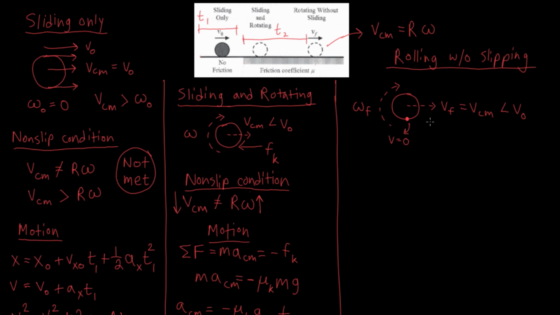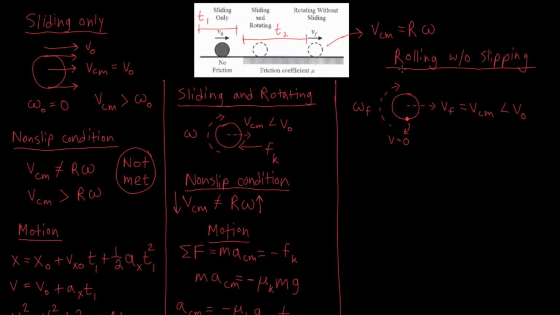Now, whenever an object rolls without slipping, the point of contact between the object and the surface has a velocity of 0, which is shown right here. The red dot is the point of contact between the surface and the object, and that point is instantaneously at rest, so we can just say that the velocity at that point is equal to 0.